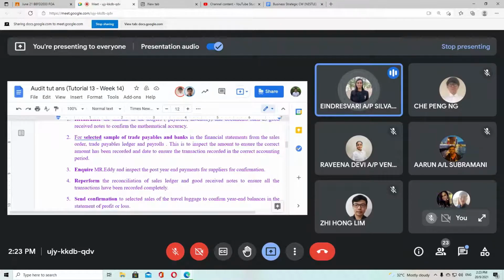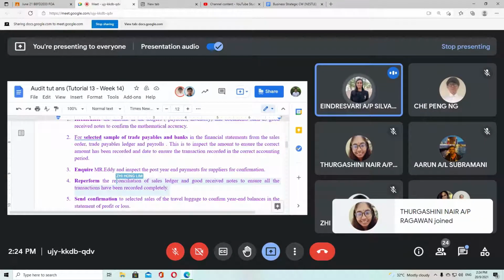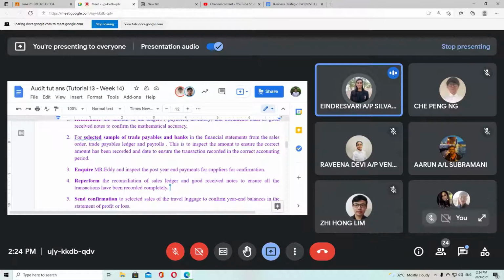Sales ledger will show you what is the total amount of sales, correct? Goods received notes will show you the details of the goods that you have received. So reconciliation means you are reconciling two balances. Is goods received notes a balance item or something?